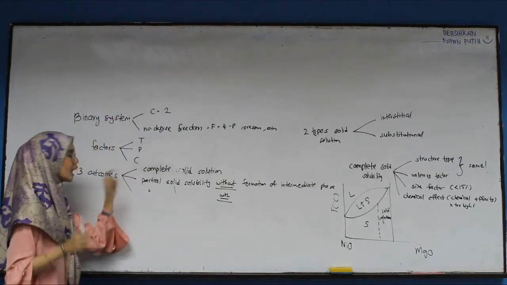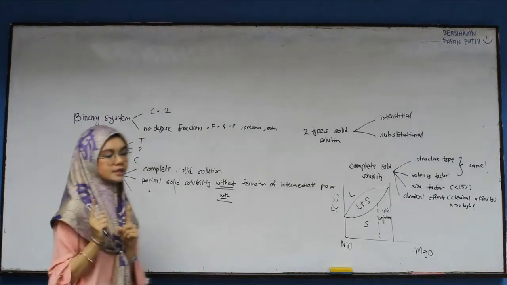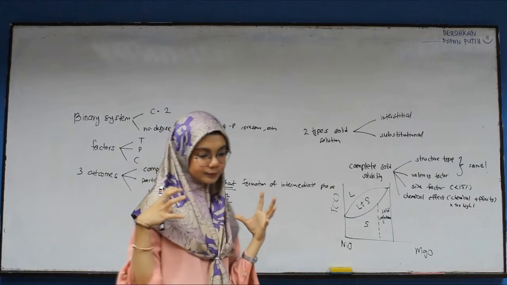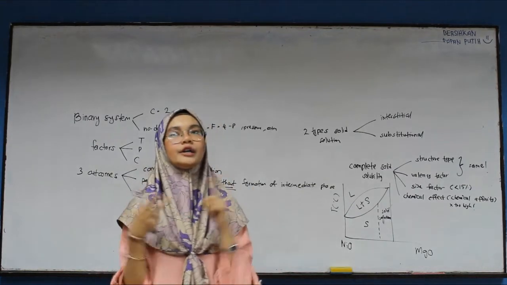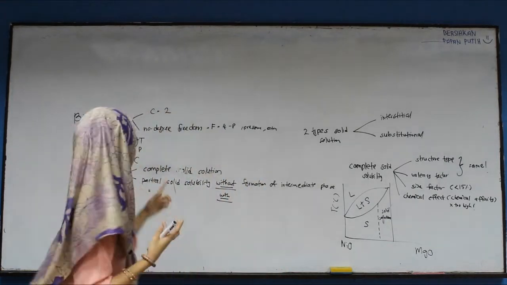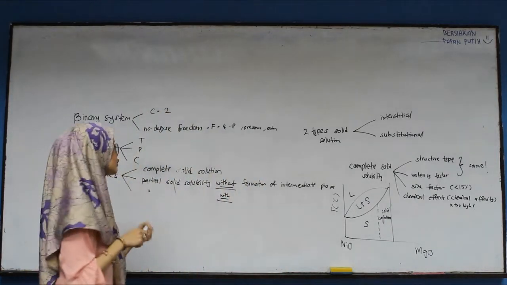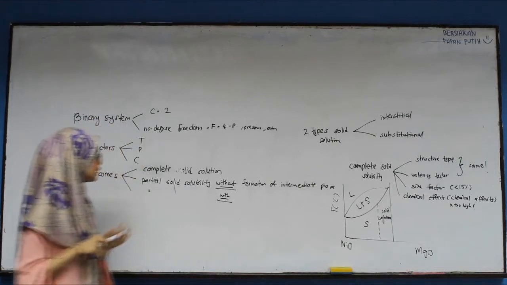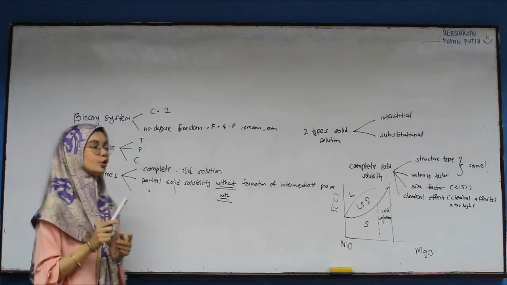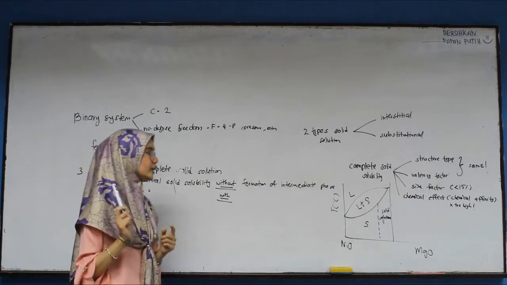First, complete solid solution, which is the formation of two different elements that are homogeneous. The second is partial solid solubility without formation of an intermediate phase, and the third is partial solid solubility with formation of an intermediate phase.